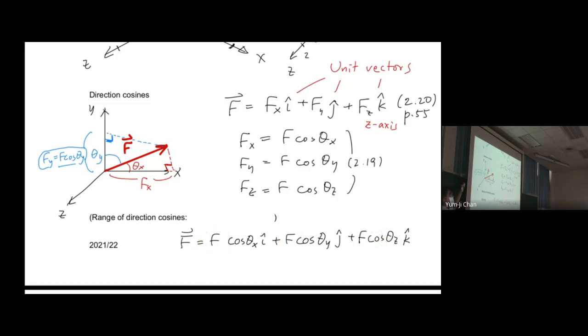In each vector, we have magnitude and we have direction. So we have the magnitude F here. Where in this equation do we know the direction of the vector?